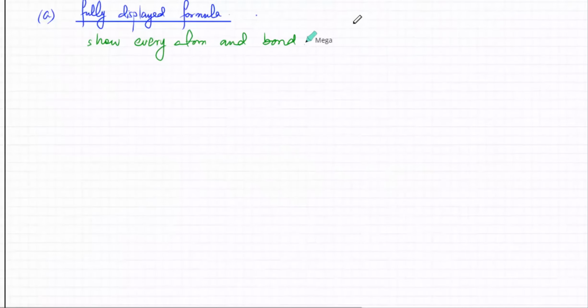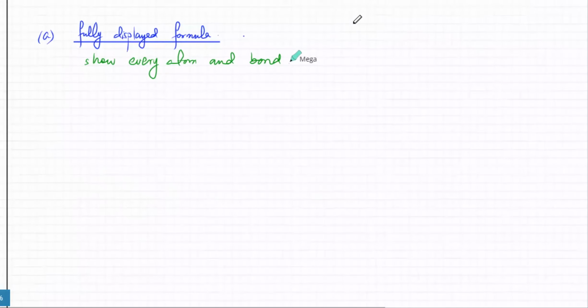Now, coming back to fully displayed formulas, every atom and every bond has to be shown. The first thing is we should learn how to draw the correct structures before moving on. So first, who makes how many bonds?